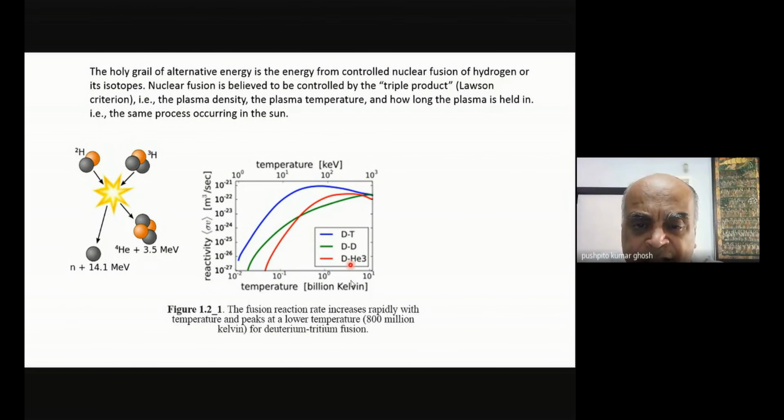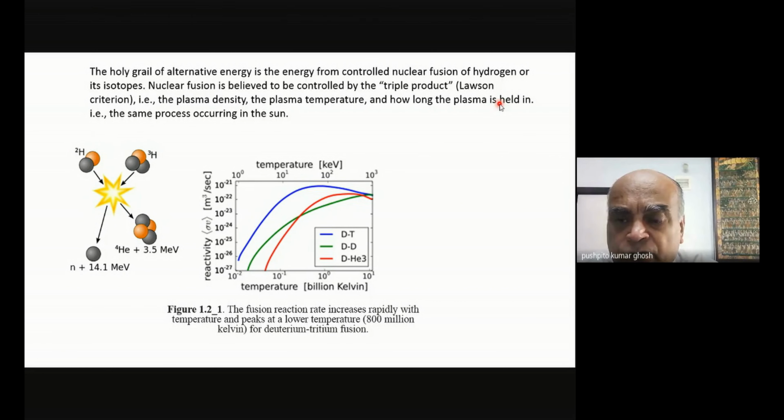So among these three, the one that is looking most promising is the deuterium-tritium reaction, where I'm at about 100 million degree temperature. Now the question is whether I can satisfy the other requirements of a very high plasma density, and it takes some time to react. So I need to keep it confined at that kind of density and temperature for a certain length of time.